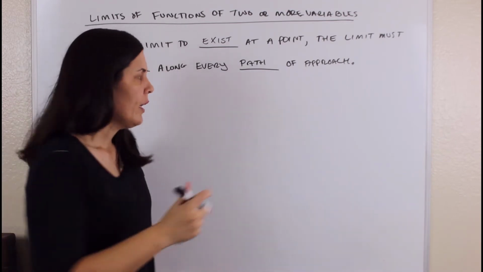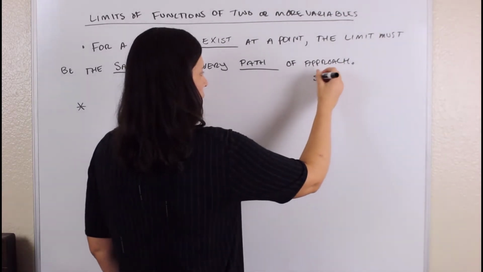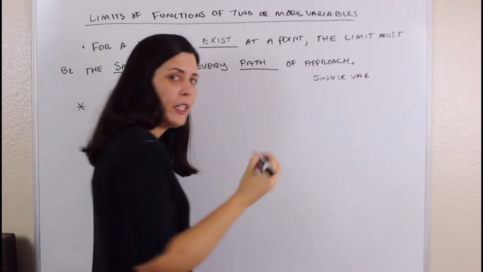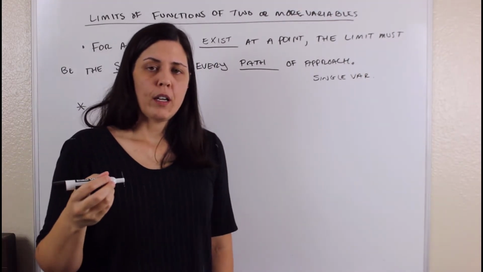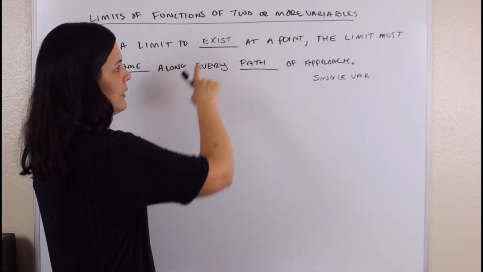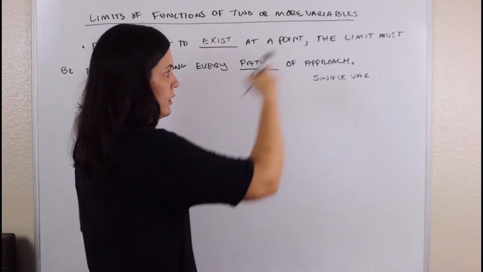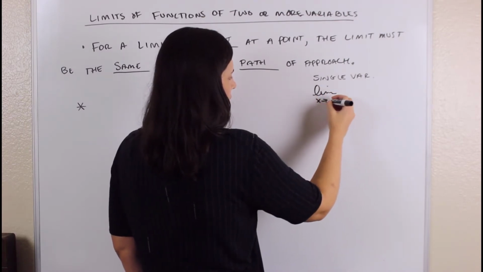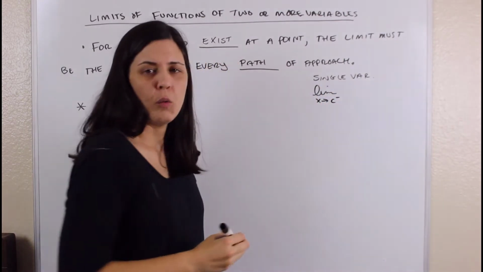Here's what I'm saying. In single variable calculus, let's look at it real quick off to the side here. In single variable, you had to make sure one thing happened for the limit to exist.